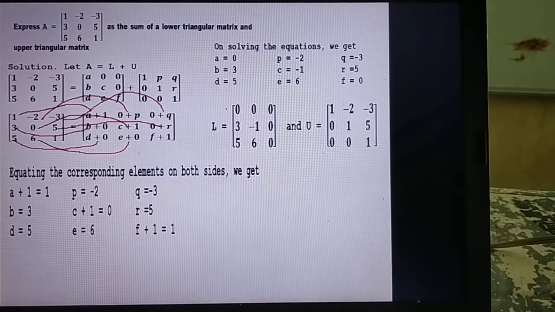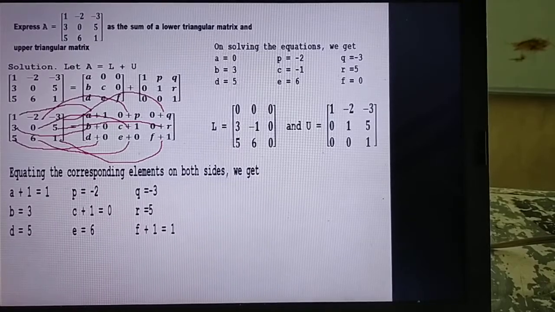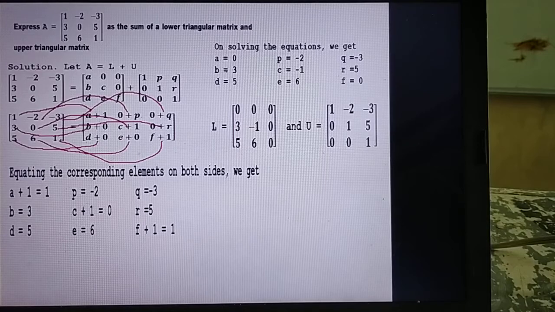And F plus 1 will be equated to 1, and the results are here. The final is A equals 0, B equals 3, D is 5, and so forth.